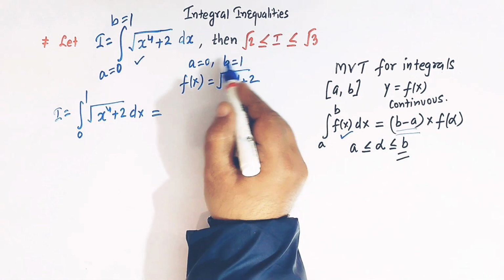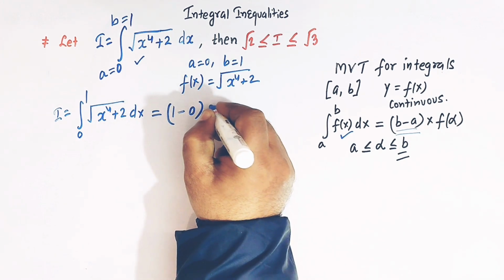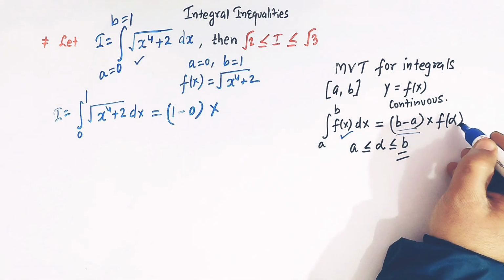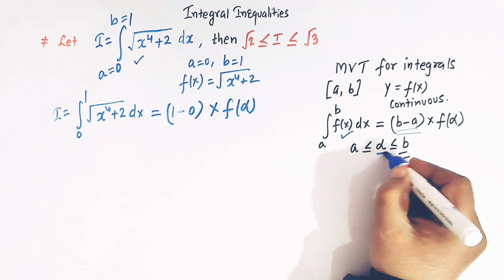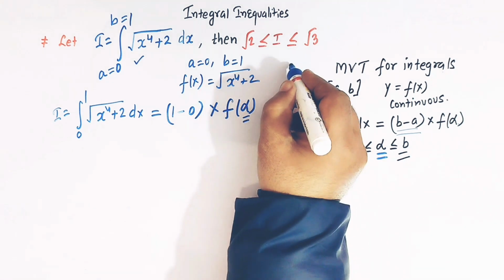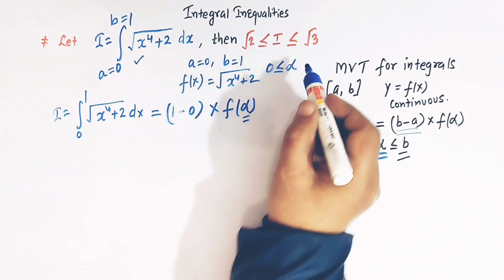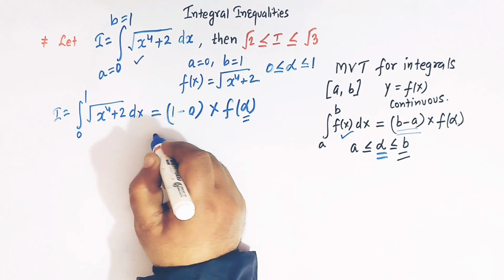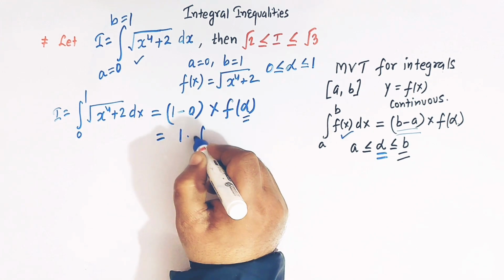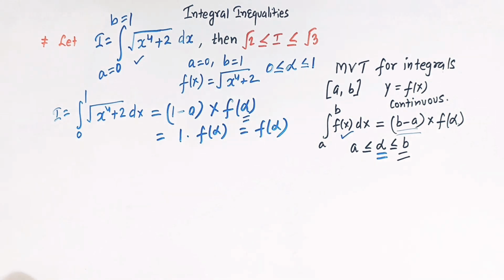B is 1, a is 0, so we have 1 minus 0, and then multiplied with f of alpha, where alpha is some number which lies between 0 and 1, right? So 1 minus 0 is simply 1. So we have 1 times f of alpha, that is equal to f of alpha, right?